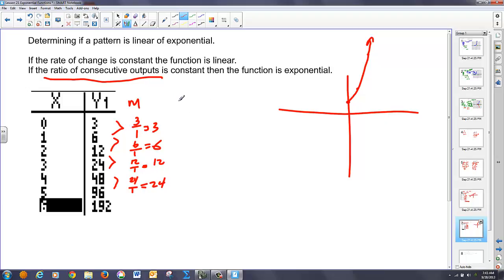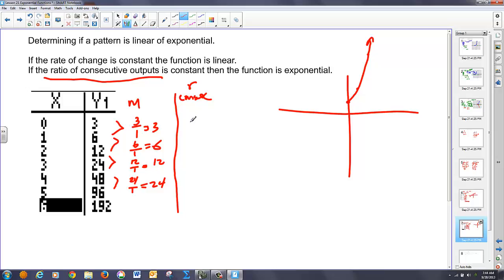Now, when we talk about consecutive output ratios, we're going to basically find the ratio of all the y's to each other.